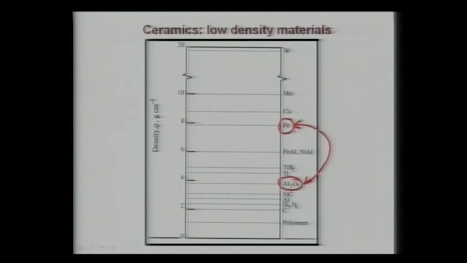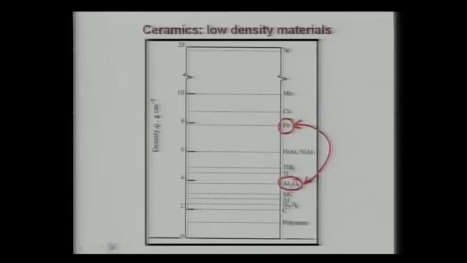This is important for implant applications, because if you replace steel with an equal volume of alumina, the patient will feel the implant much lighter, because alumina has a much lower density than steel. So density also plays an important role in the selection of implants.